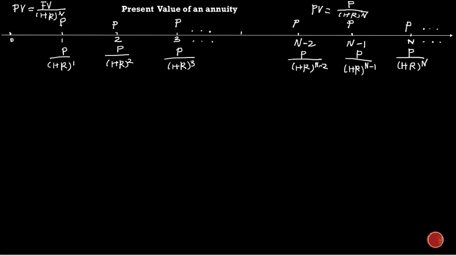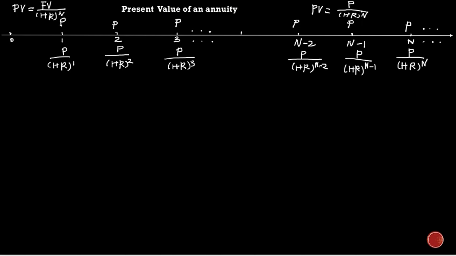The third P, we have 3 periods, so it's P divided by 1 plus R to the third power.